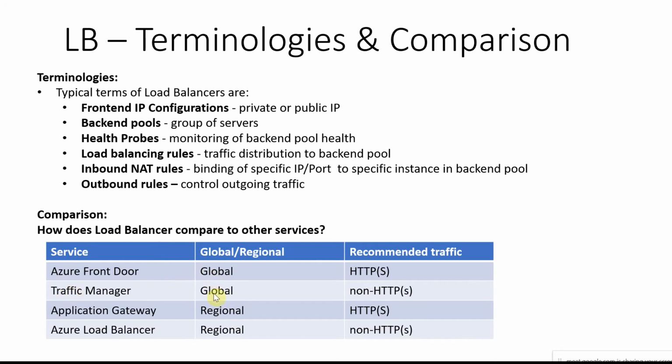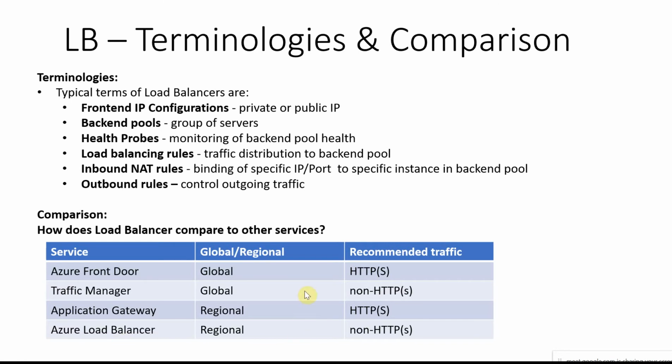For global, it is just Route 53, which supports both, and for load balancers, which are regional, the name is also AWS load balancer. Internally, they have subcomponents for HTTP and non-HTTP, but it is one product. In Azure, they branded it as 4 products rather than 2.